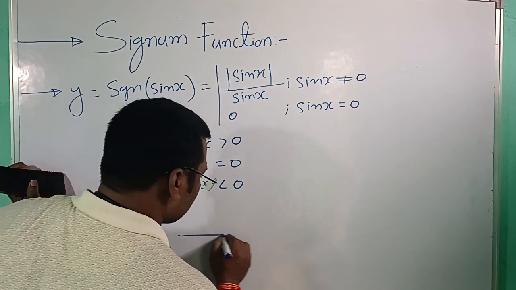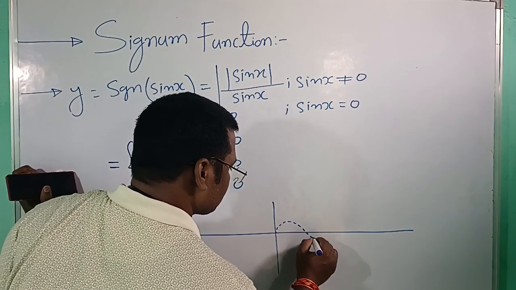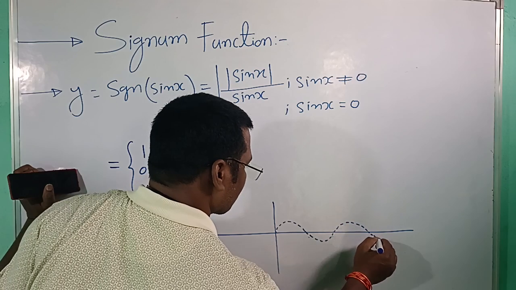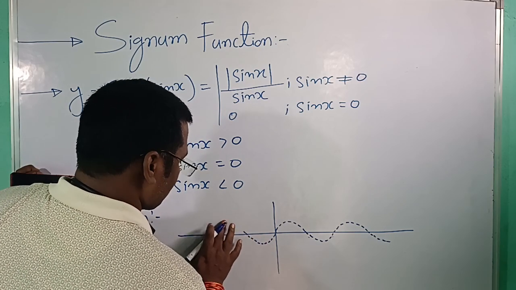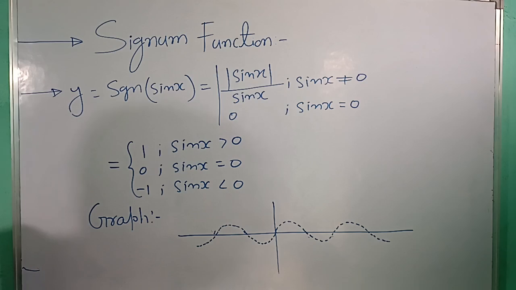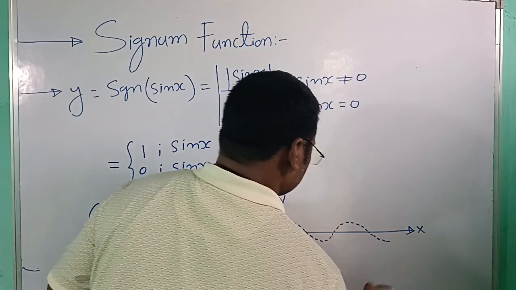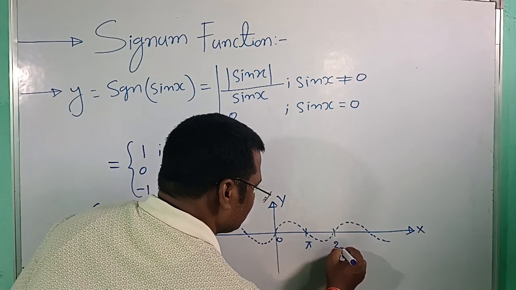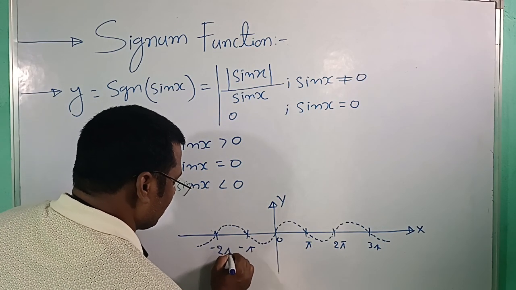For its graph, this is 0, this is pi, this is 2 pi, this is 3 pi, this is minus pi, this is minus 2 pi.